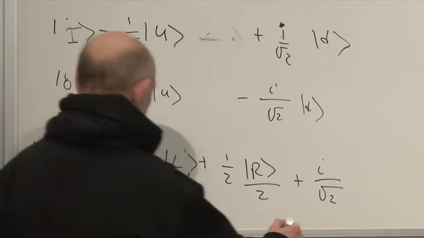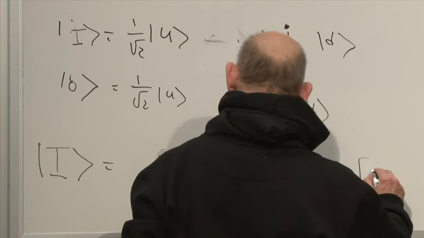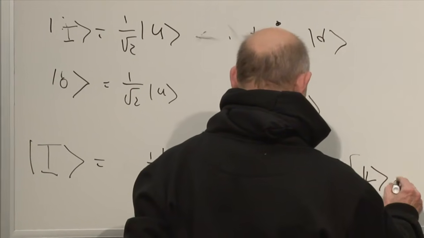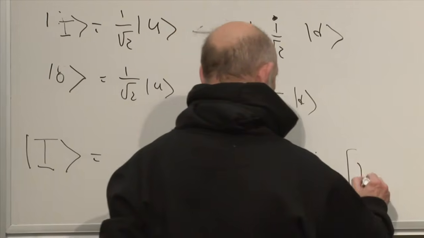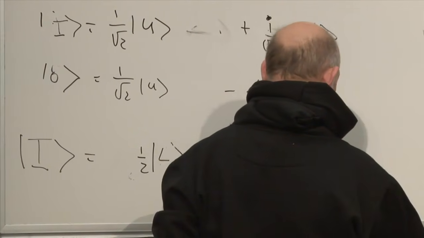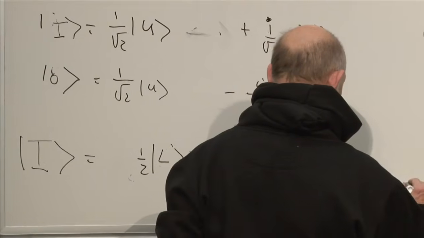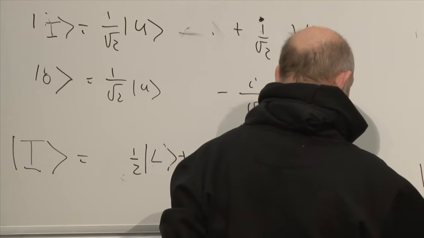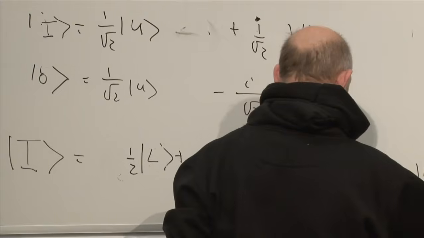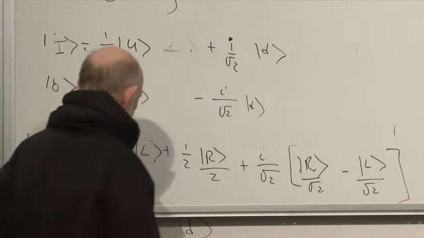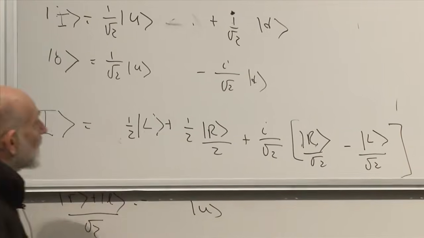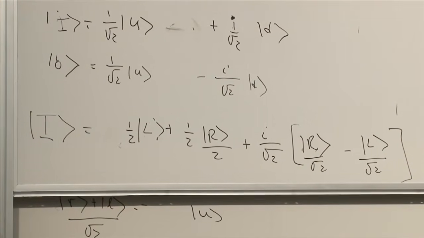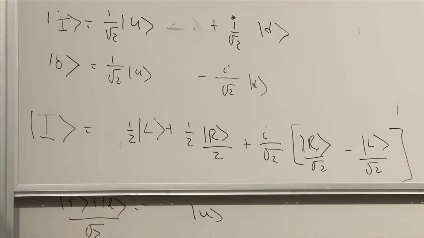So that will give me left over another square root of 2 minus right over another square root of 2. All right, so the whole thing looks like... The second term should have only one.